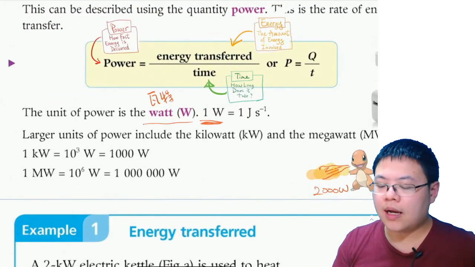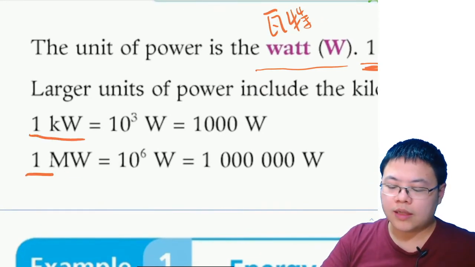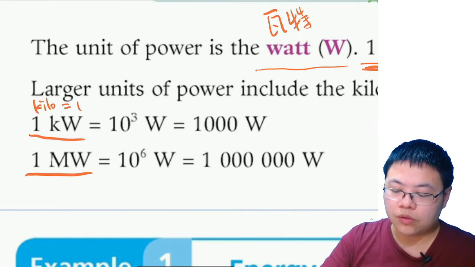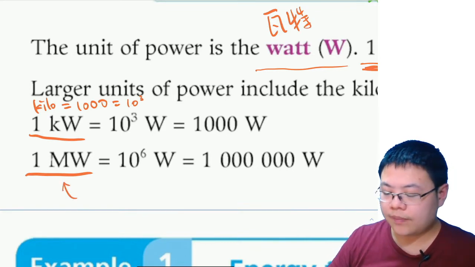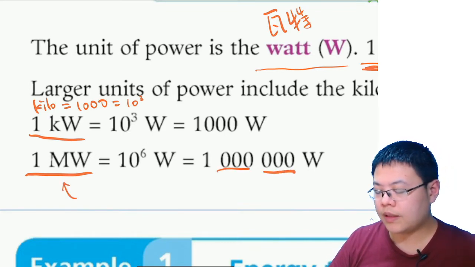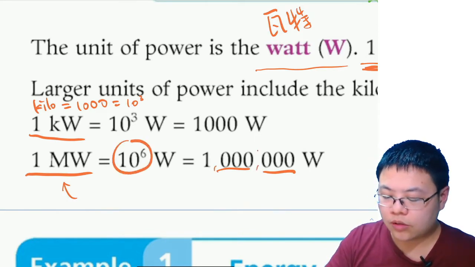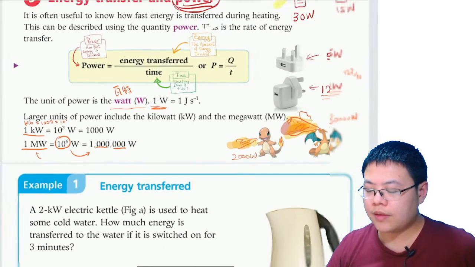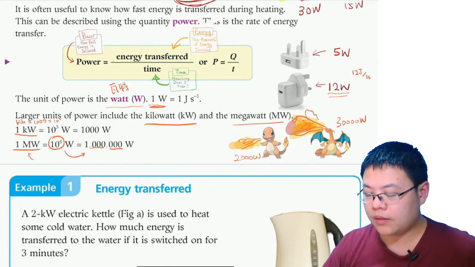There are several variations, which are 1 kilowatt and 1 megawatt. Kilo is equal to 1000, which is 10 to the power 3, and mega is 3 zeros plus 3 zeros, totally 6 zeros, 10 to the power 6. These are just some variations of the units, kilowatts and megawatts.